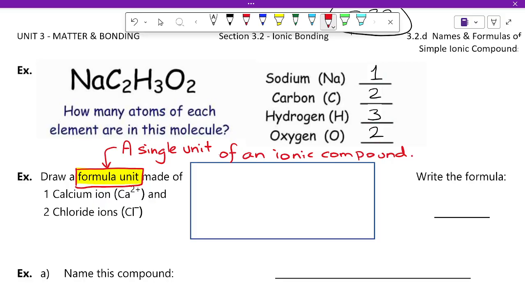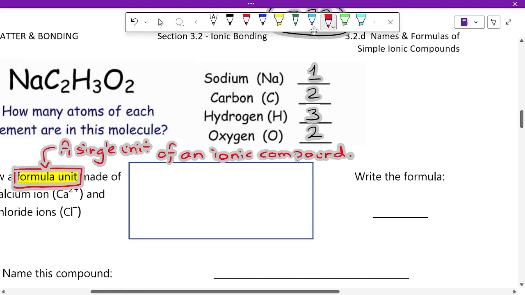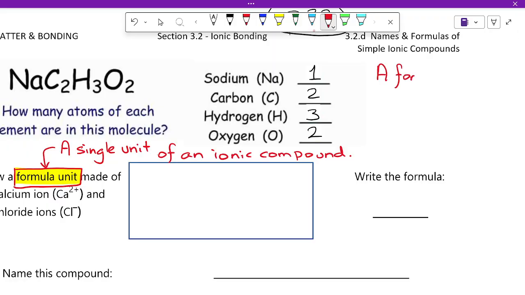It's like a molecule, but for ionic compounds. A formula unit is like a molecule for an ionic compound.